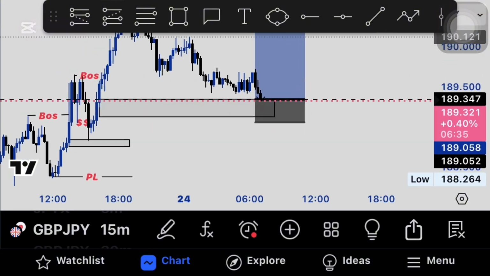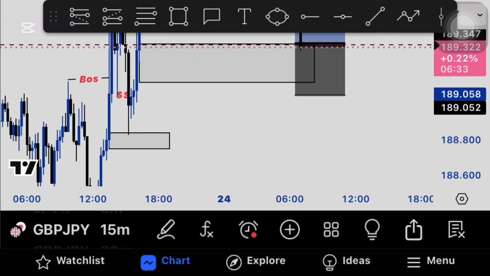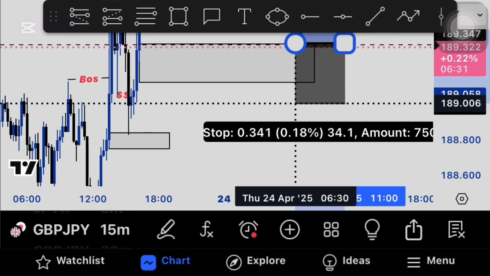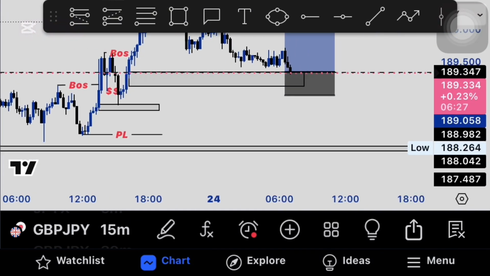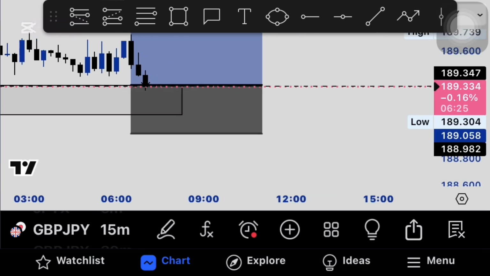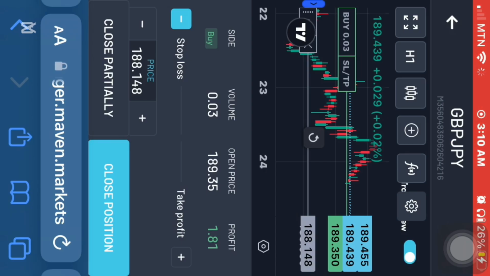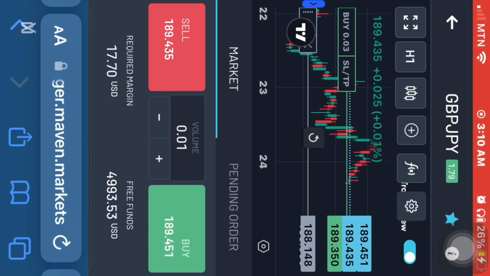My SL is 189052, so I'll be putting my SL around that 189. So my next position will be 0.05. I'd love to enter again on another position, so I'll place another position here, still going on a buy on this same trade.